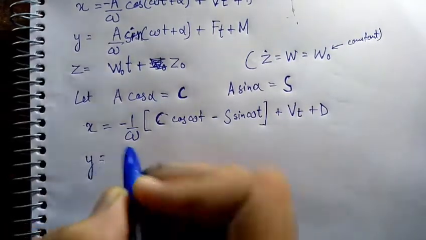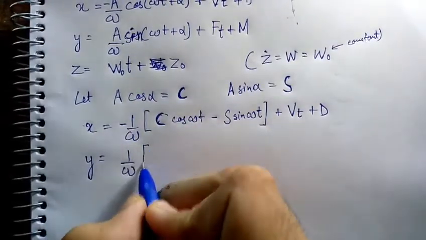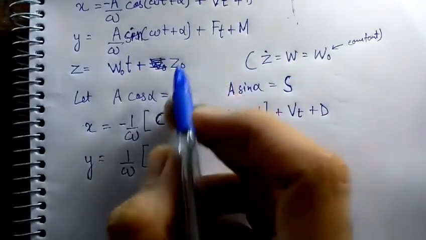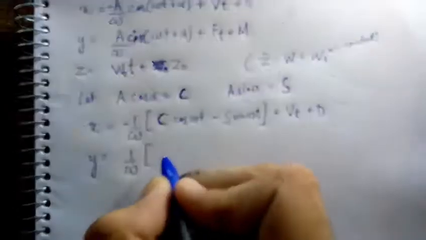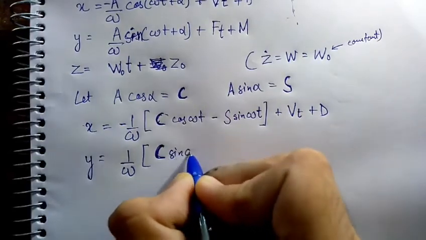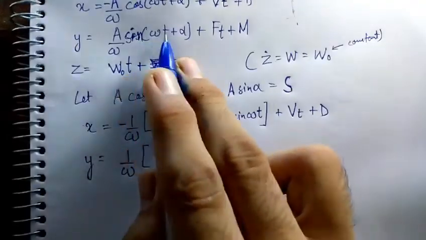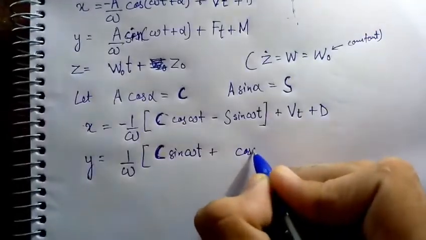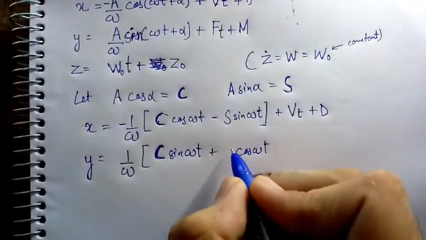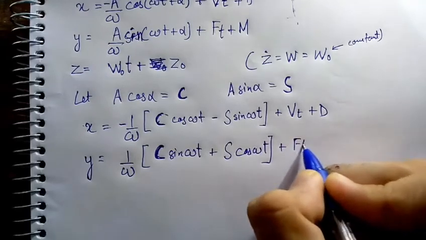Then 1 by omega is A sin of omega t and cos alpha, A cos alpha, so capital C sin omega t plus cos of omega t sin of alpha, A sin alpha, capital S. Plus Ft plus M.